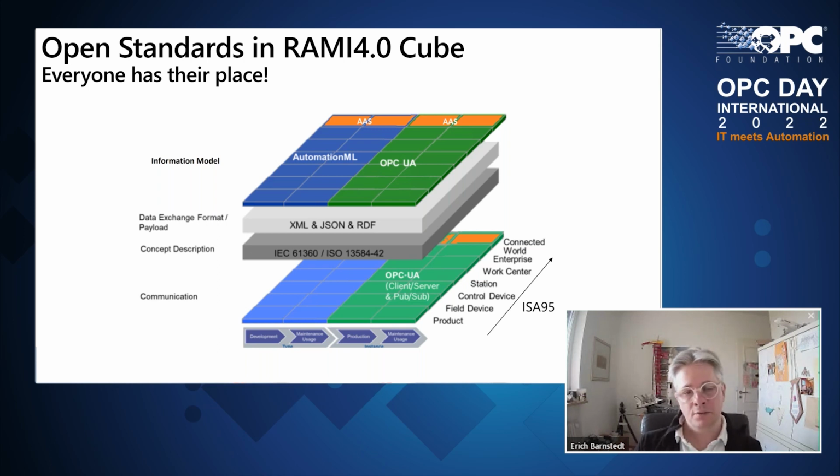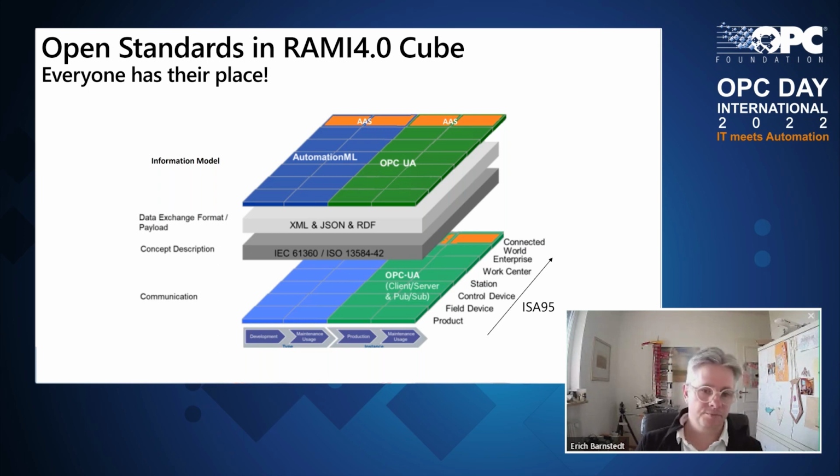So it's kind of a three-dimensional architecture. You see in the connected world, beyond the enterprise, at the very top of your ISO 95 pyramid, that's where the asset admin shell should be used. And that's the recommendation. But certainly not to integrate an asset admin shell into a machine.